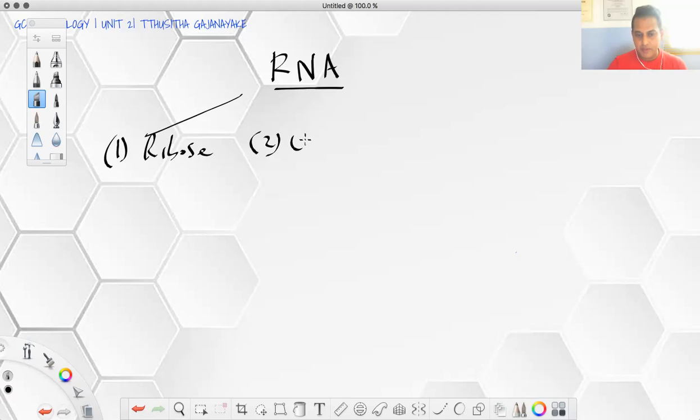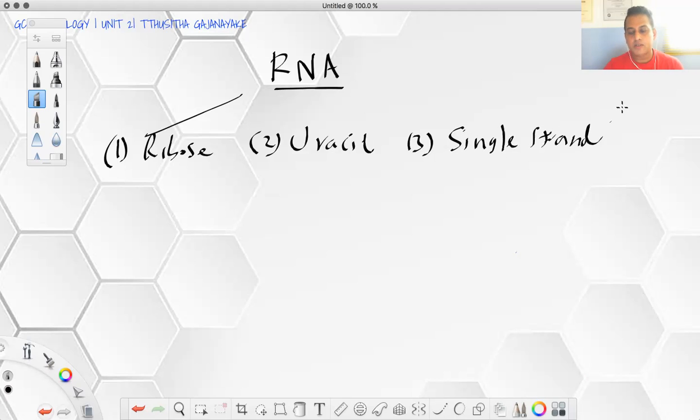It has a uracil. And it has a single strand. So these are the 3 major differences between DNA and RNA.